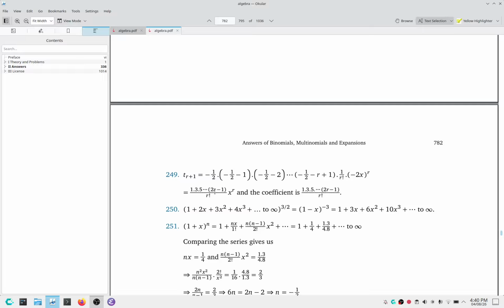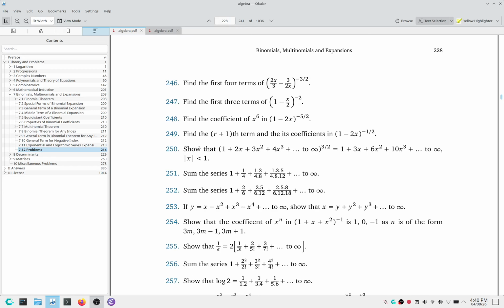And thus we have the term 1 into 3 into 5 and so on up to (2r minus 1) upon r factorial times x to the power r, and the coefficient is 1 times 3 times 5 up to (2r minus 1) upon r factorial.